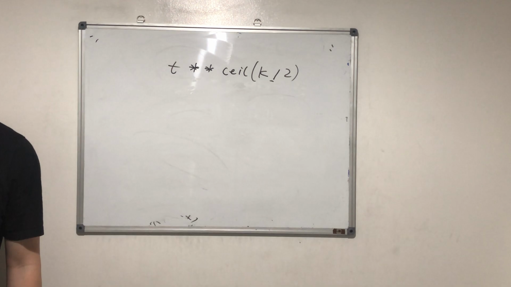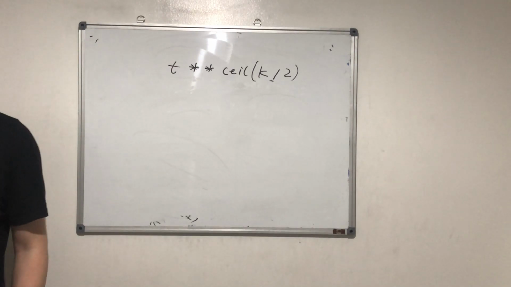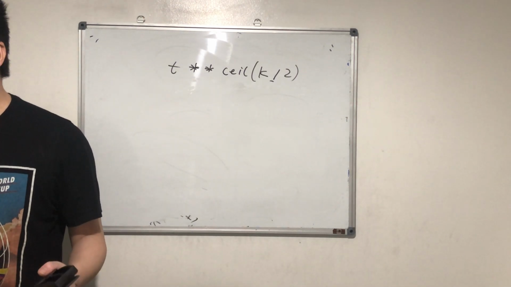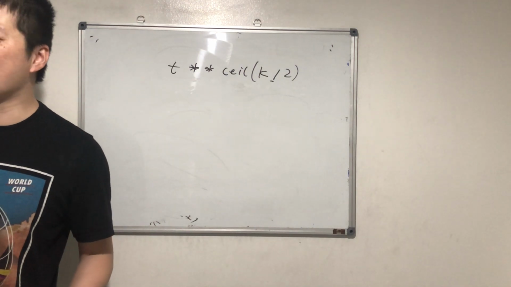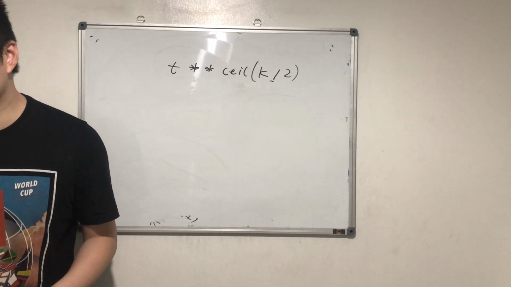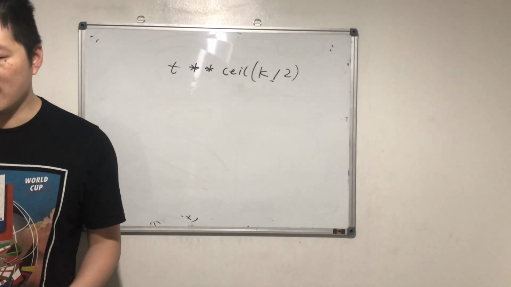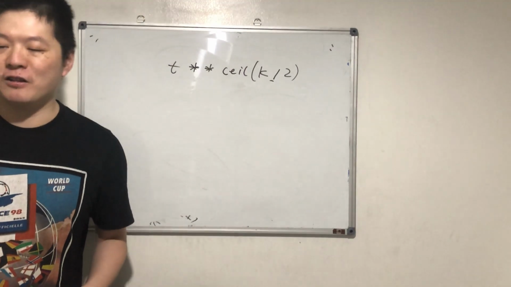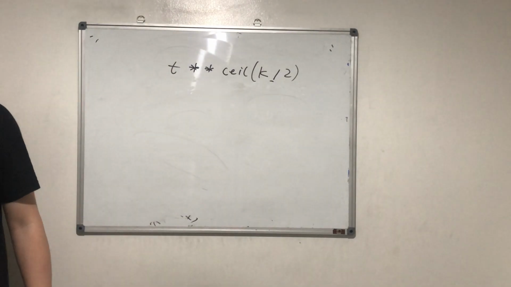Floor of 99 is what? 99. So any integer part, 1, 2, 3, 4, stays the same with floor. One more time: ceil of 8.123 equals 9. Floor of 8.99999 is 8. Yeah, well done, you got it.